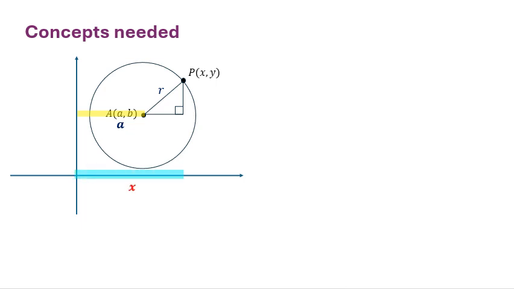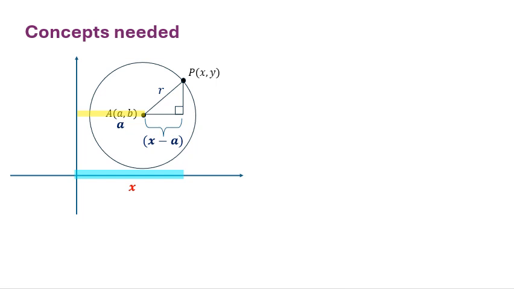But let's do a comparison first, between point A and point P. So a is the distance of point A from the y-axis, and x is the distance of point P from the y-axis, right? All right, so when you take x minus a, where does it go? Correct, that's the reason why I draw a right angle triangle there. So when you take x minus a, it goes there.